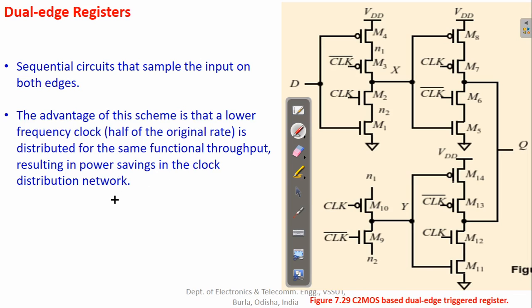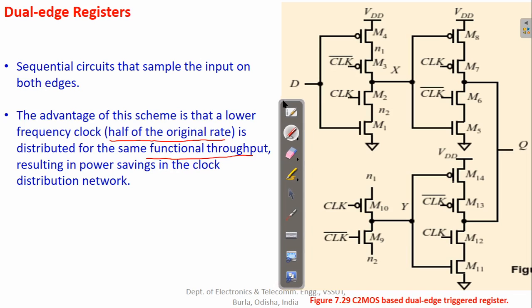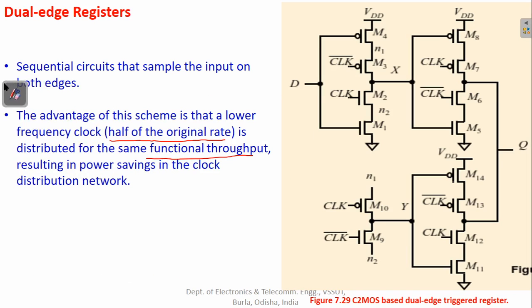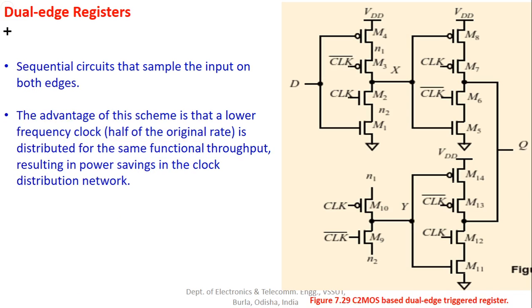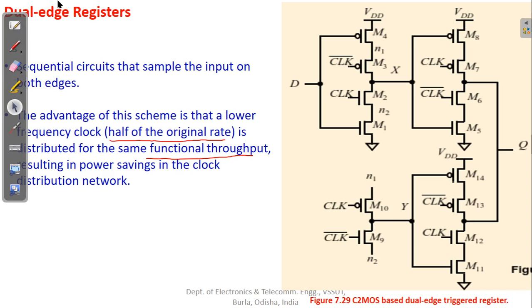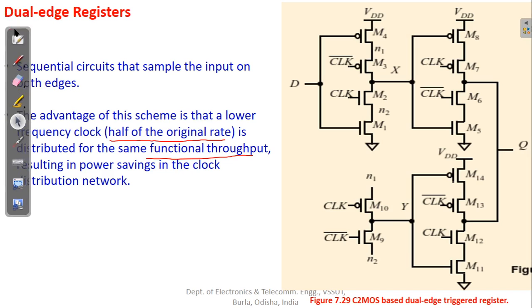So you can save some power in the clock distribution network, because half of the original signal speed would be sufficient to achieve the same functional throughput. Okay, so this is the operation and circuit of dual edge triggered registers.